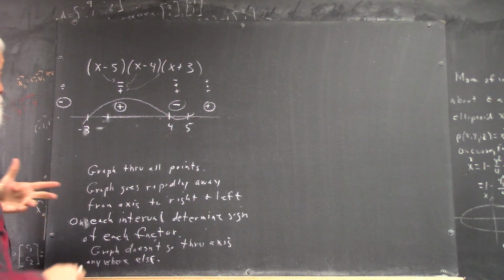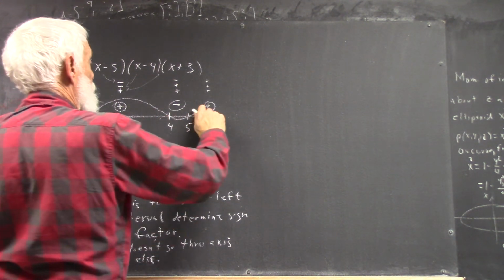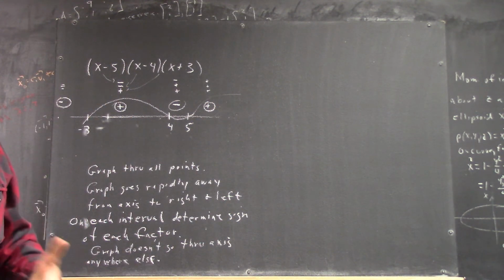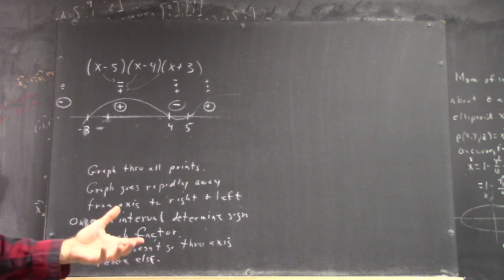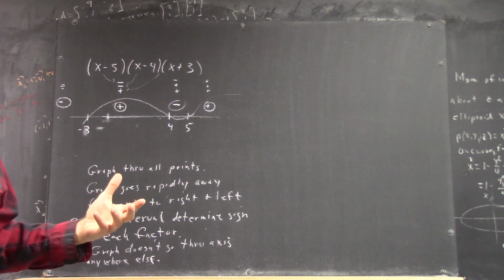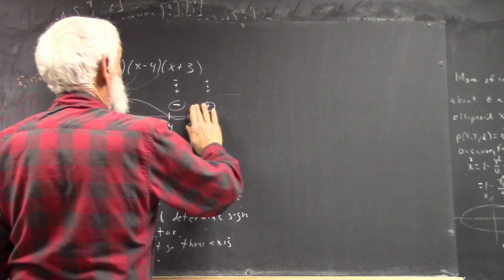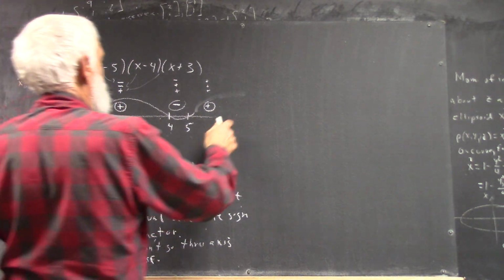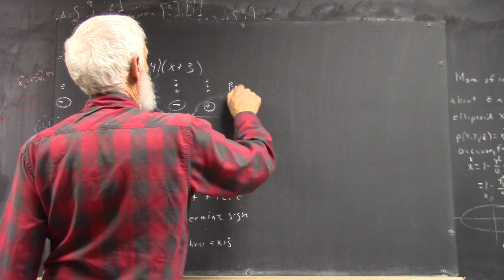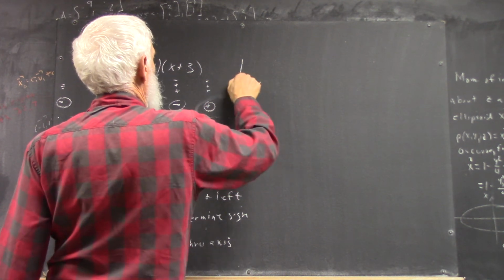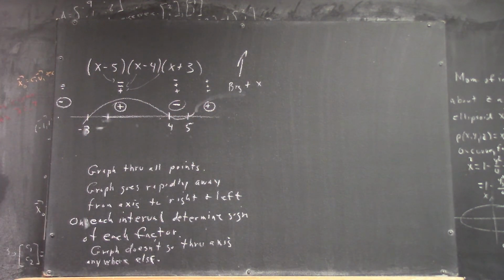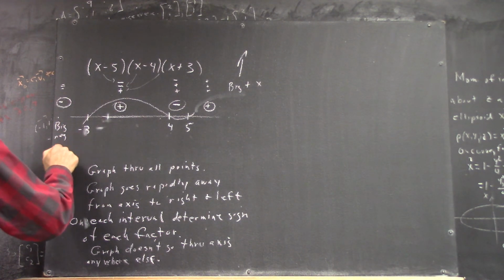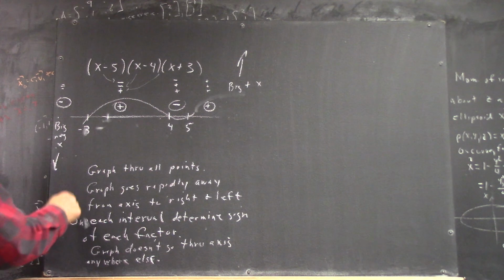Then what's it do? Well, I'll tell you what it doesn't do. It doesn't do this. Now, there are graphs that do. When we get rational functions, which we're going to talk about today, that can happen. But with polynomials, it can't. Because if you think about what happens, big positive x takes you up rapidly. Big negative x takes you down rapidly.